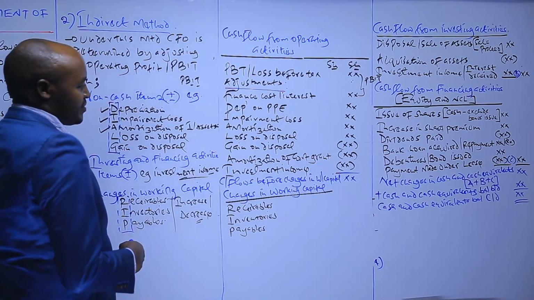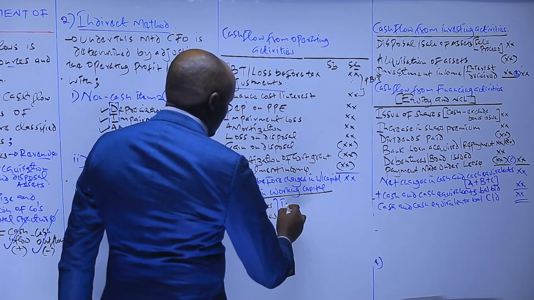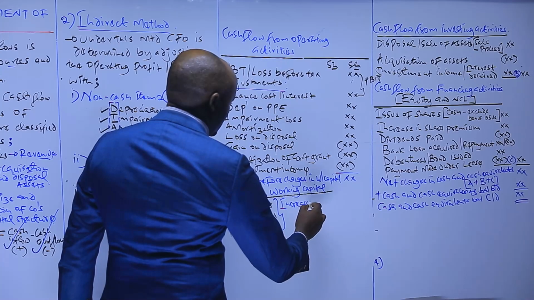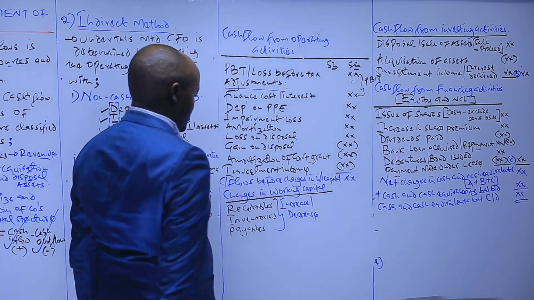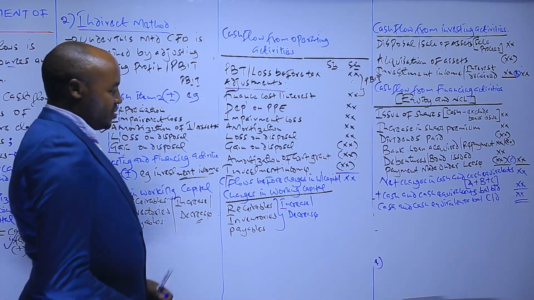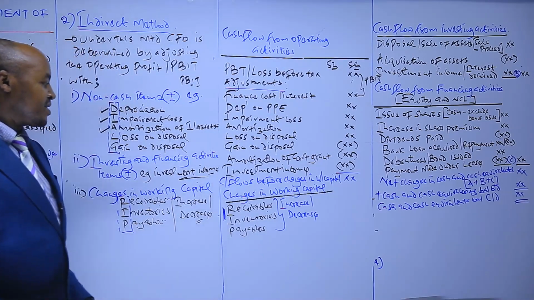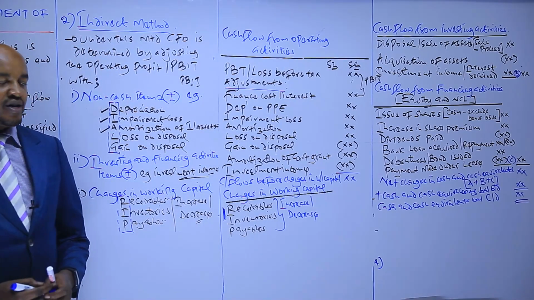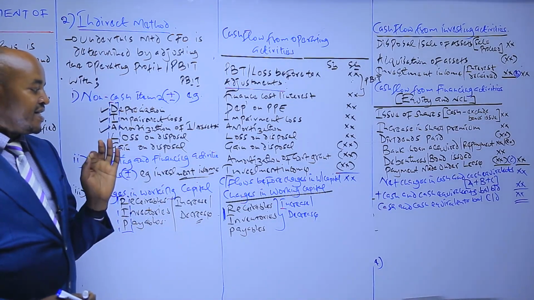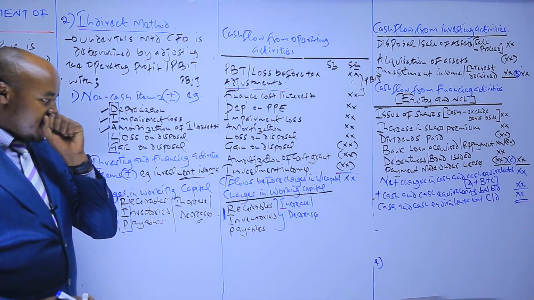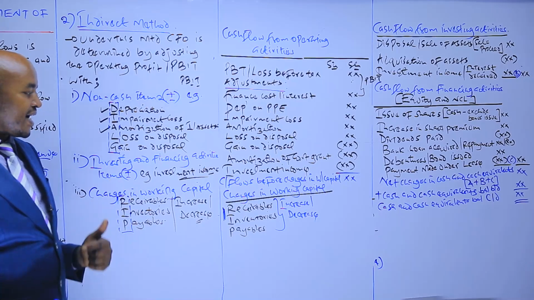As far as these items are concerned, what you just need to do is to determine whether there was an increase or decrease during the current financial year. Any increase in an item of current asset, like an increase in inventory, is a cash outflow, and basically a decrease of the same is a cash inflow.